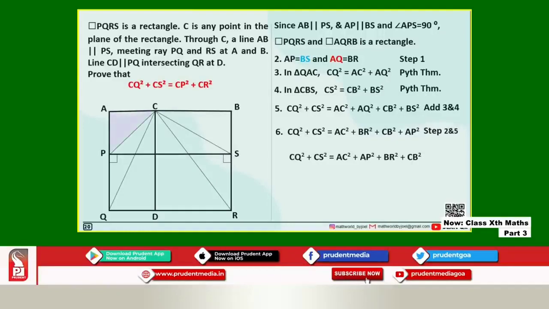Okay. Now, look at this triangle back again. If you realize that AC square is one side of the triangle, AP square is another side, and when I add, I can use Pythagoras theorem to write the sum of both as CP square, because that's how Pythagoras theorem tells us, right? So all I will do is write AC square plus AP square as CP square, and BR square plus CB square will be a part of this entire big triangle.